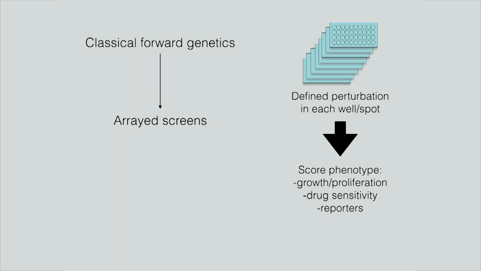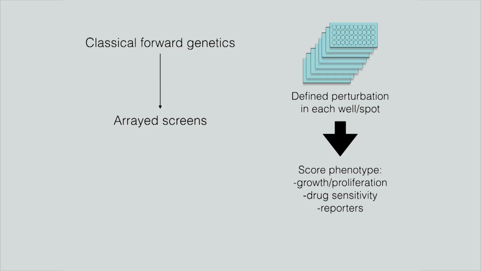This is the same slide as Jonathan's, where the defined perturbation can really be used to test anything. You can do reporters, you can look for growth, you can look for these drug sensitivity things that Jonathan described, how genetics teaches you about drugs, it teaches you about biology.